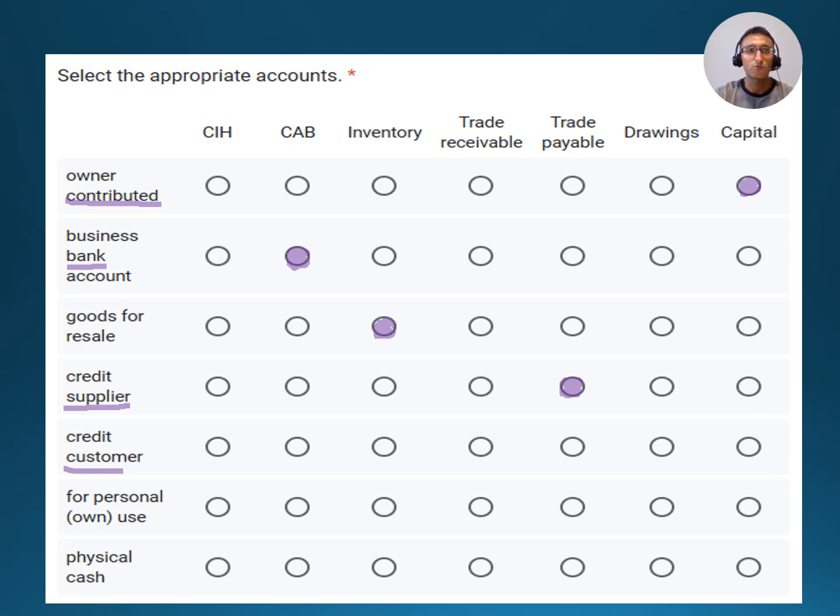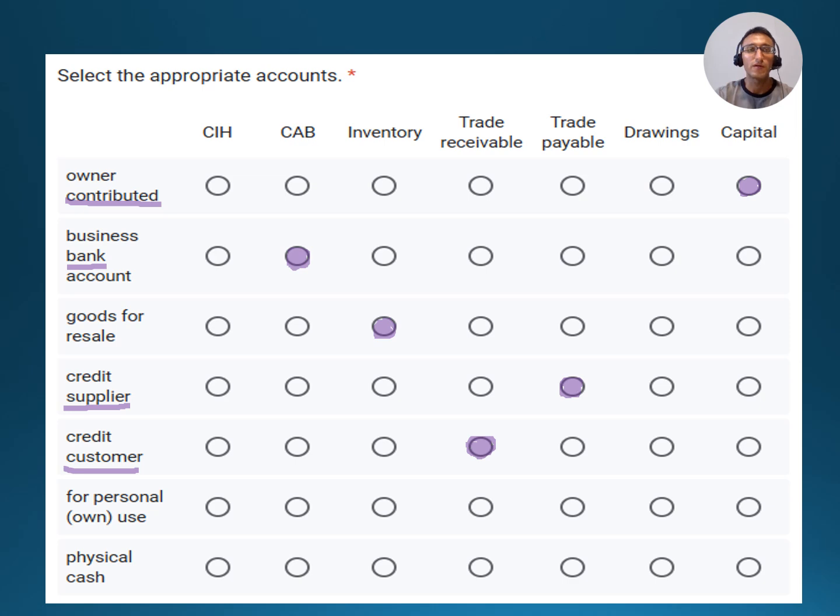Okay, the people who owe the business money, and these people would be termed as the trade receivable. So if you recall from previous videos, the word receivable just means that the business will receive money in the future.